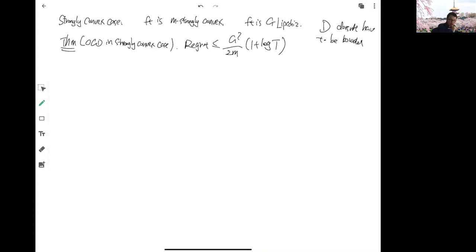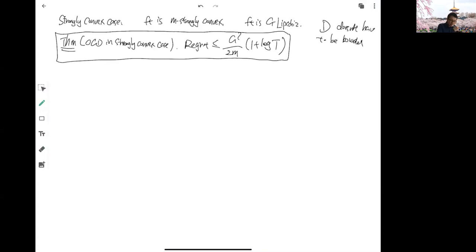So instead of having regret that depends on square root of t in the general case, if the sequence of functions is strongly convex, then we can get a regret bound that's only logarithmic in the horizon. That's a very significant improvement over the previous case.